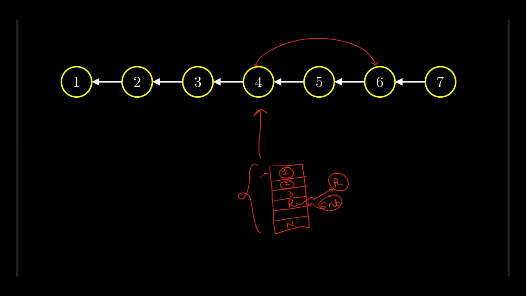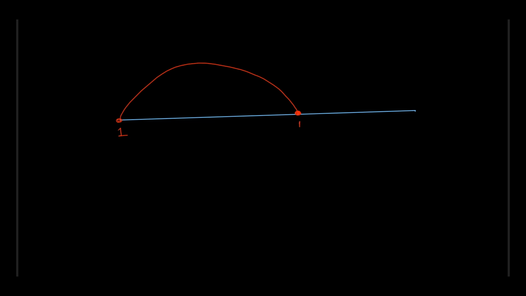So the only modifications that can happen is, assume that this is 1, and assume that from 1 you are updating the value of the number of graphs that can reach point r.